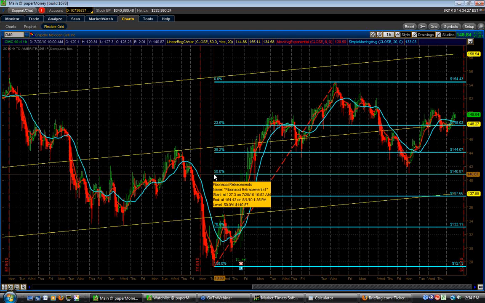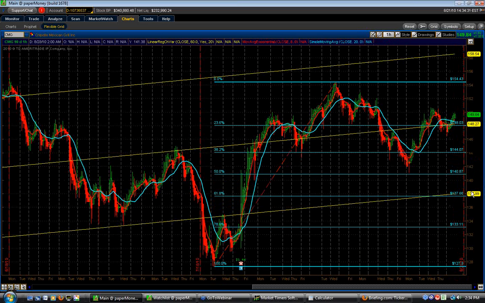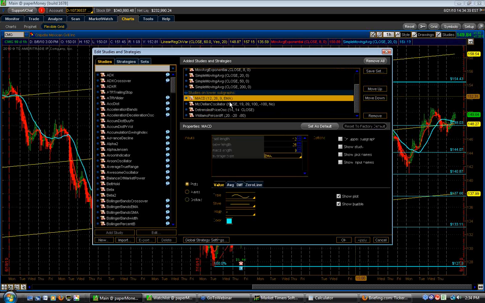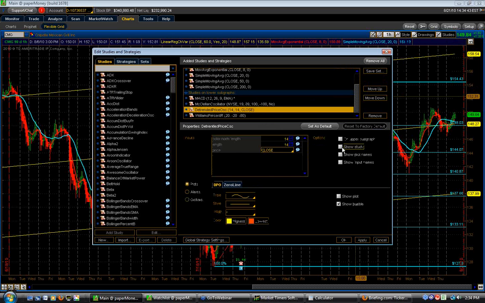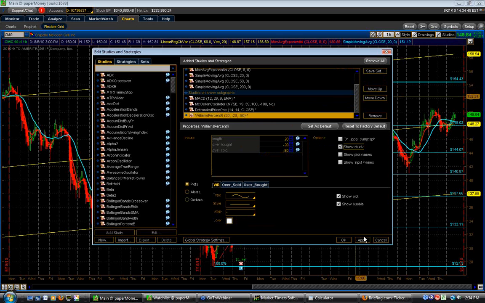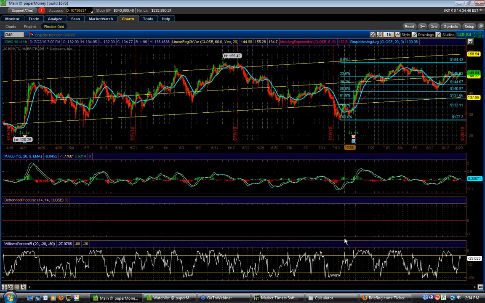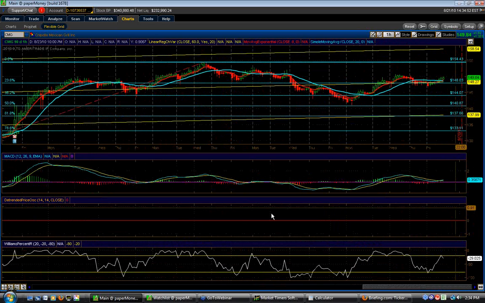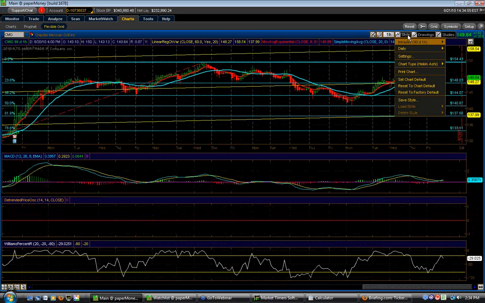So I know, okay, if I did decide to take this trade, which I don't see any trigger telling me to do it right now, and I'll show you why. Let me add in the rest of the studies. I don't see anything telling me, oh, why is DPO not showing?